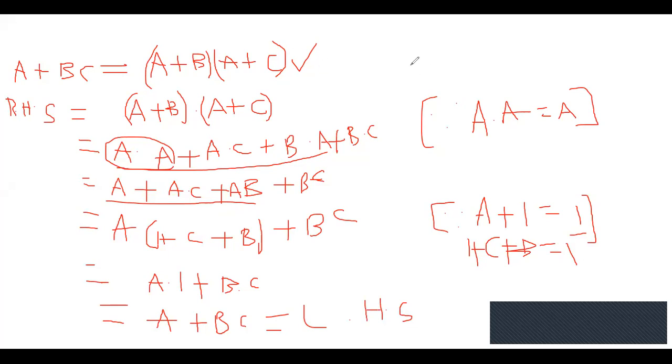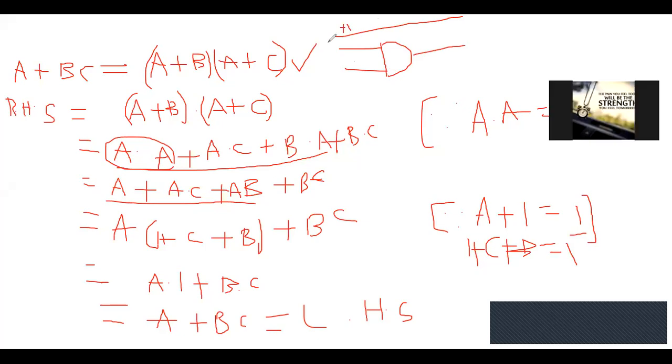So how to draw the circuits here? A plus BC, we already know. This is A, this is A plus BC. BC means this is B, this is C. B dot C means AND operation.